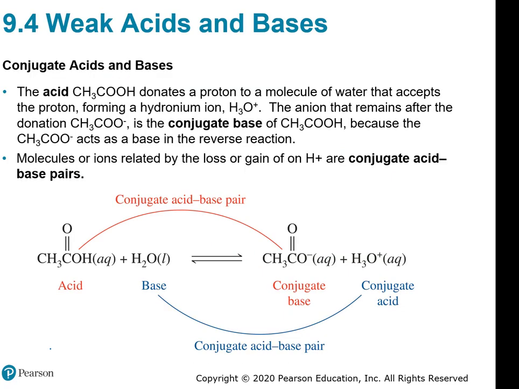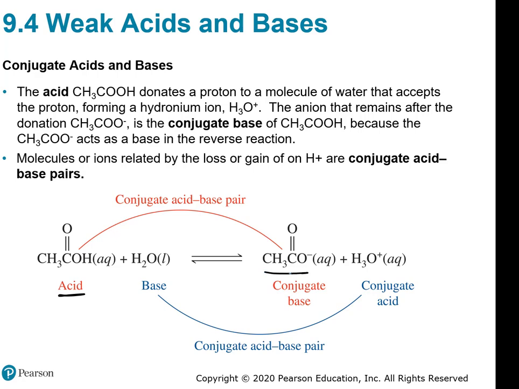Well, acids and bases do this too, especially when we're talking about weak acids and bases, because they create this equilibrium. So in this one, remember we said an acid is the one that loses its hydrogen ion. So if you look at this first one, CH3COOH, look on the product side and find the most similar molecule.